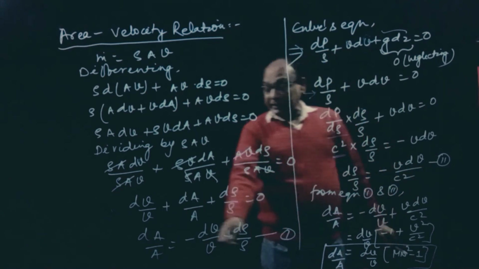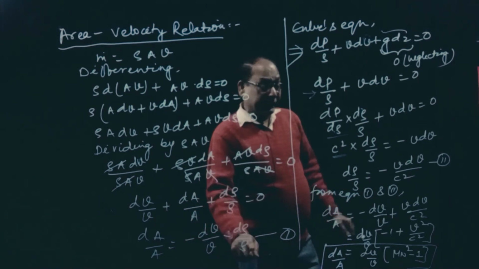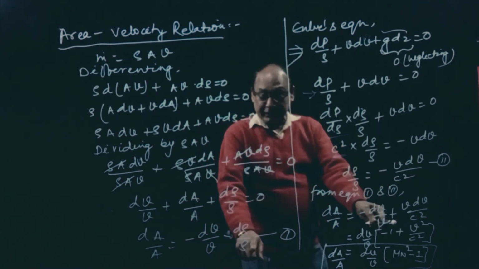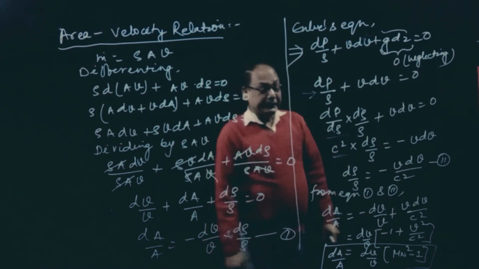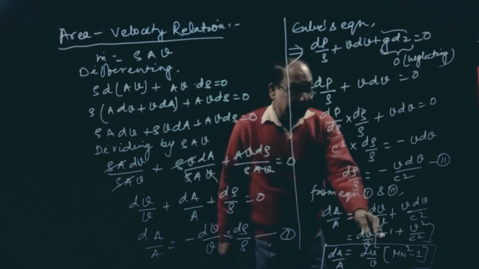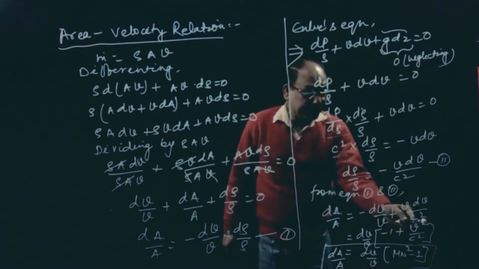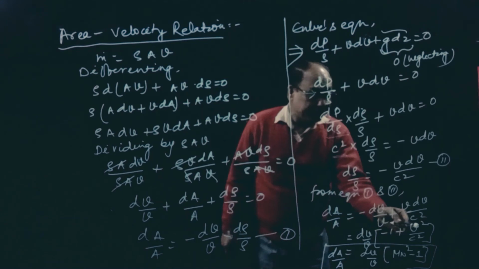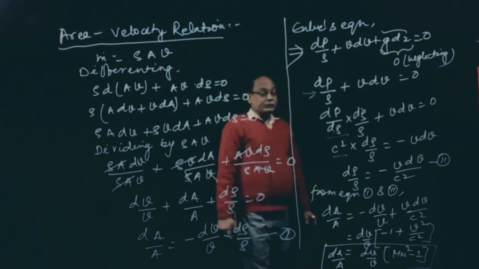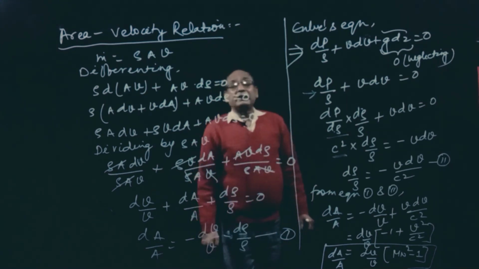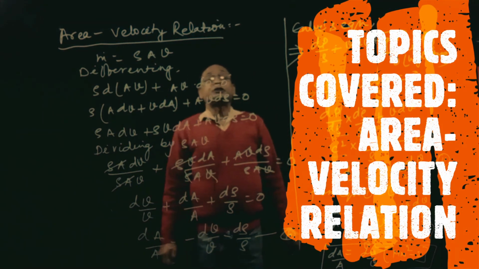Now from equation 1 and 2, dA by A is equal to minus dV by V minus d rho by rho, so d rho by rho becomes plus V into dV by C square. Taking dV by V common, here it is just minus 1, and V square by V leaves V, so it will be V into dV by C square, and V by C is nothing but Mach number, so Mach number square minus 1. Based on this, the theory portion of the chapter is over. Now we are going to solve numerical questions in the next lecture.